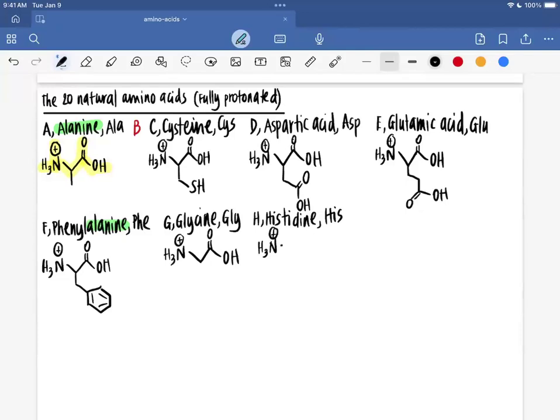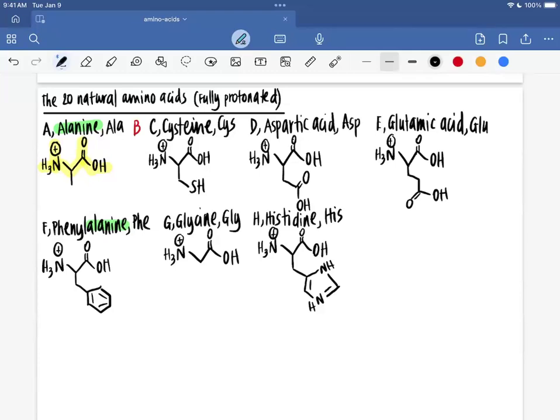We'll start off with our backbone again. And so we have the alpha carbon, the beta carbon, and the gamma carbon is where we see a five-membered ring. And so this ring is also the structure of imidazole. And we're going to include double bonds as well in this side chain.